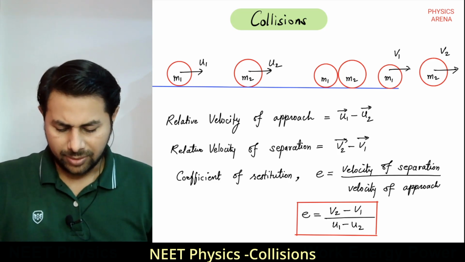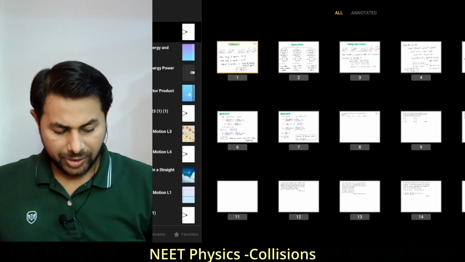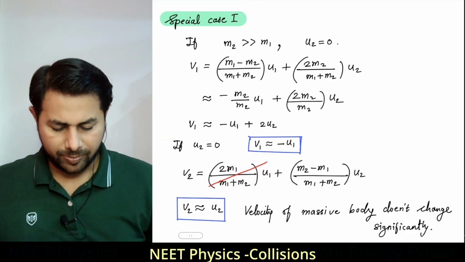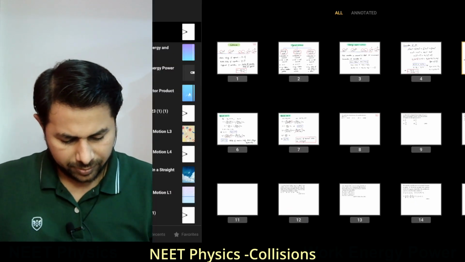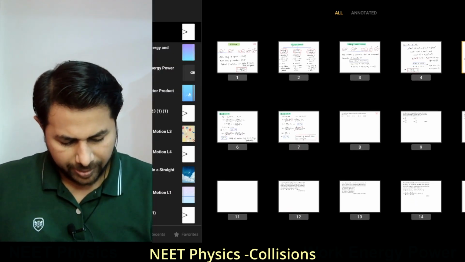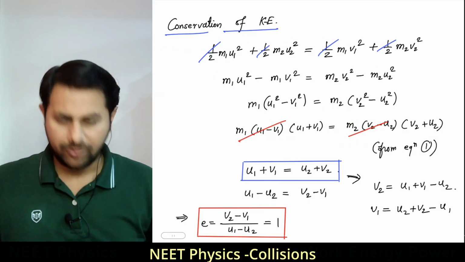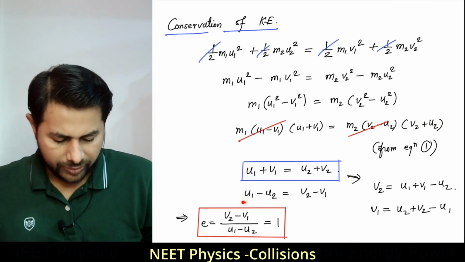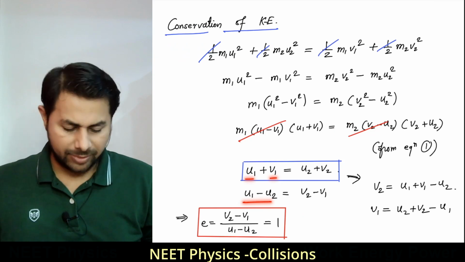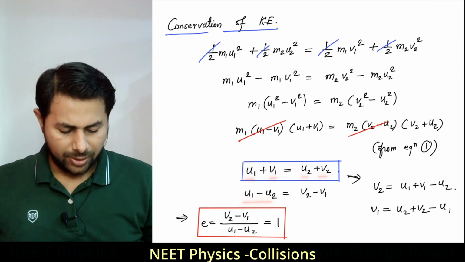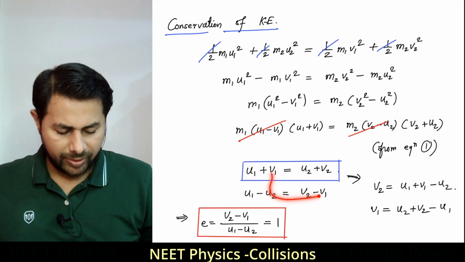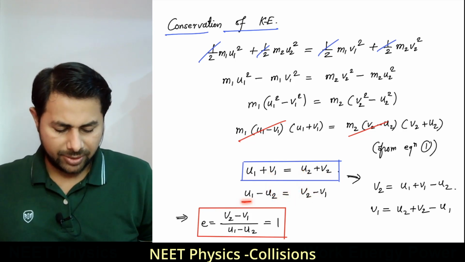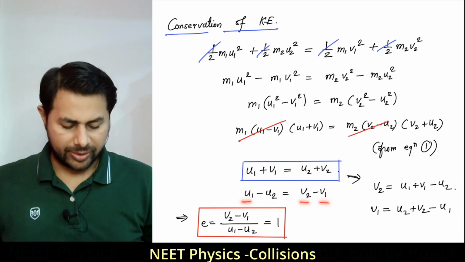Okay. So now this coefficient of restitution in the case of perfectly elastic collision is equal to 1. We just found that u1 plus v1 is equal to u2 plus v2. Then we can move u2 to this side and v1 to that side. So you get u1 minus u2 is equal to v2 minus v1.